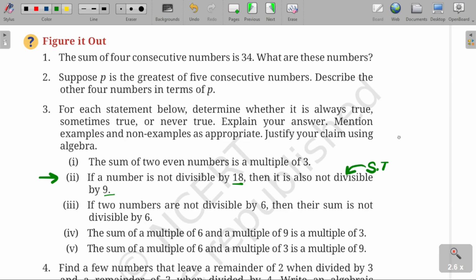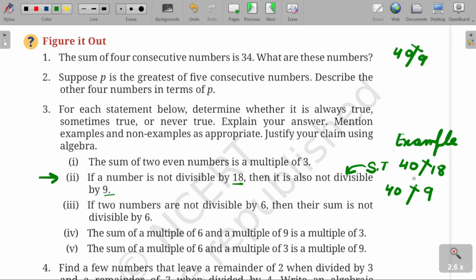See, example is 40. 40 is not divisible by 18, right? And 40 is not divisible by 9 as well. Clear? What is this sign? 40 divided by 9. We used to say like this, if we cut this sign, it will be cancelled.